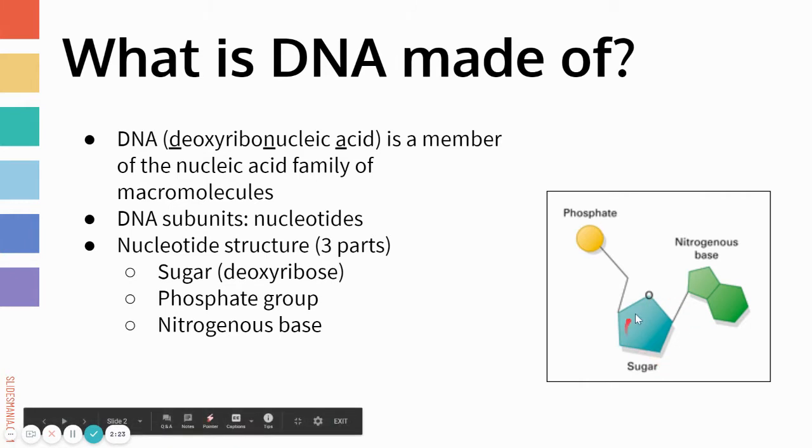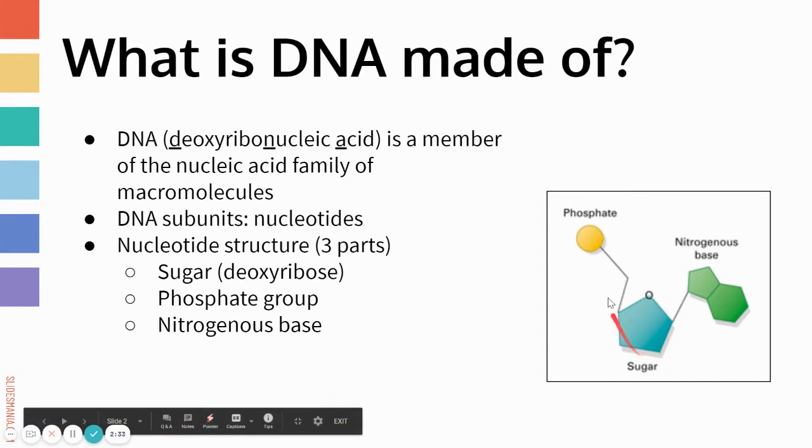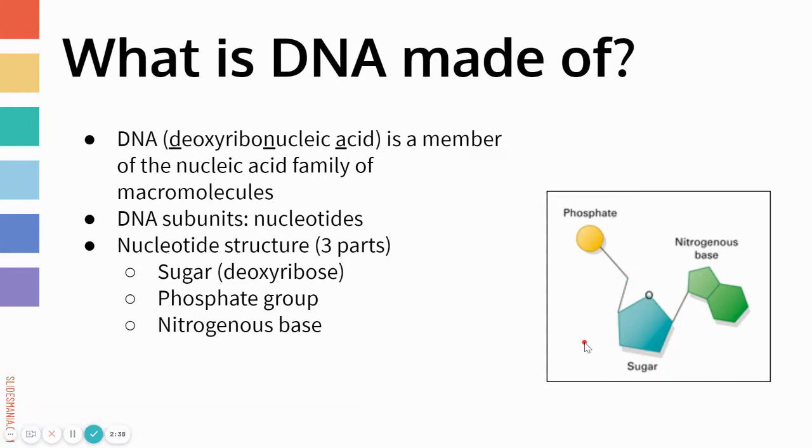One part is a sugar molecule. So you might remember that when we were learning about monosaccharides, those simple sugars, they all had that ring shape. And you can see that this sugar, the central part of a nucleotide, has that same ring structure. And then connected to the sugar on either side, there are two different things.